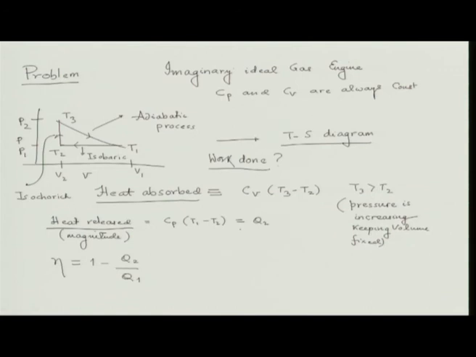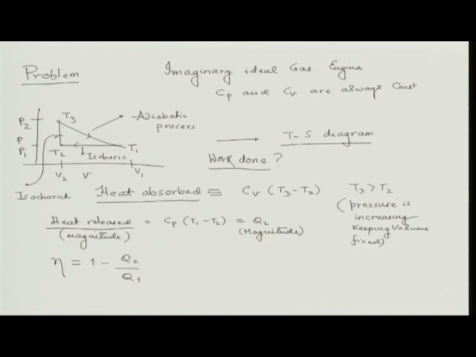Remember again, it is the magnitude. Okay. So, remember what is the engine? Ideal gas engine, and Cp and Cv I have assumed constant, does not depend on anything as happens for ideal gas, as you know. So, now you have one isobaric process, one isochoric process, one adiabatic process.